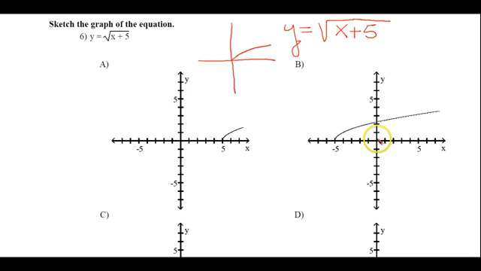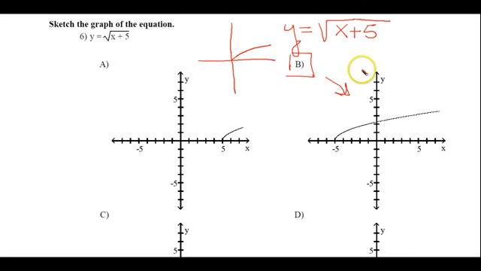Or does it move it 5 units this way as a negative? Well, the answer, and you should know this just from memory, is that it moves it opposite direction to the sign that's here. So if this is a positive, it's going to shift it to the left to a negative 5. So B, or this graph, is the answer to this one.